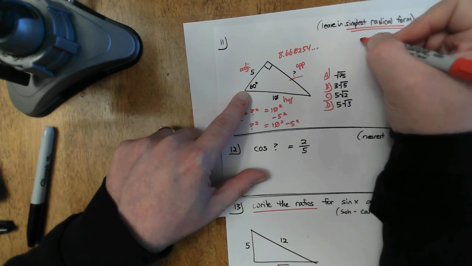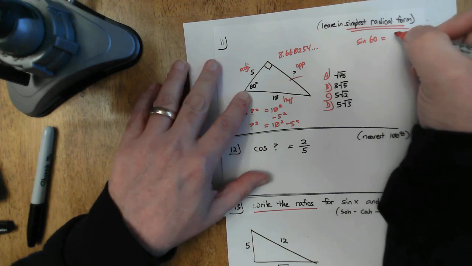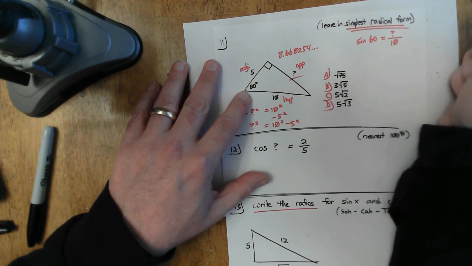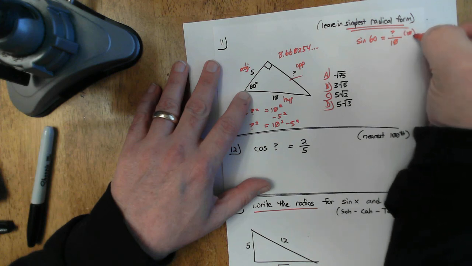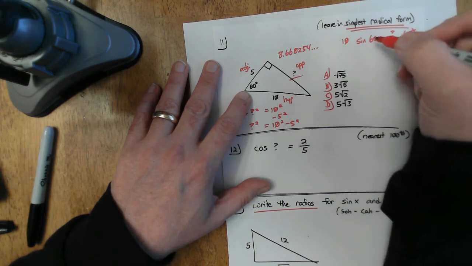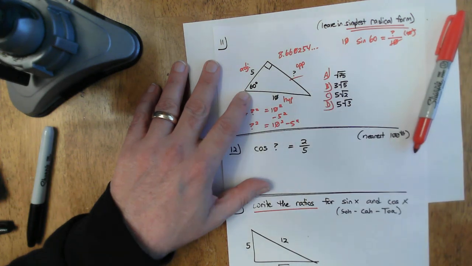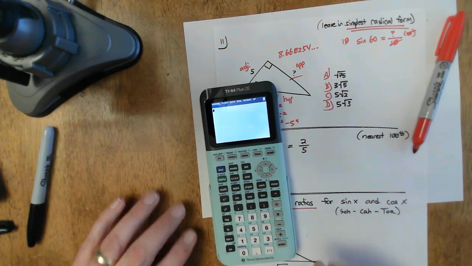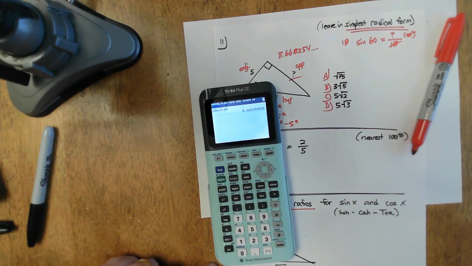So the sine of 60 equals question mark over 10. I'm going to multiply both sides by 10 so that I have question mark by itself. So 10 times the sine of 60 will tell me what the question mark is. Let's do that.